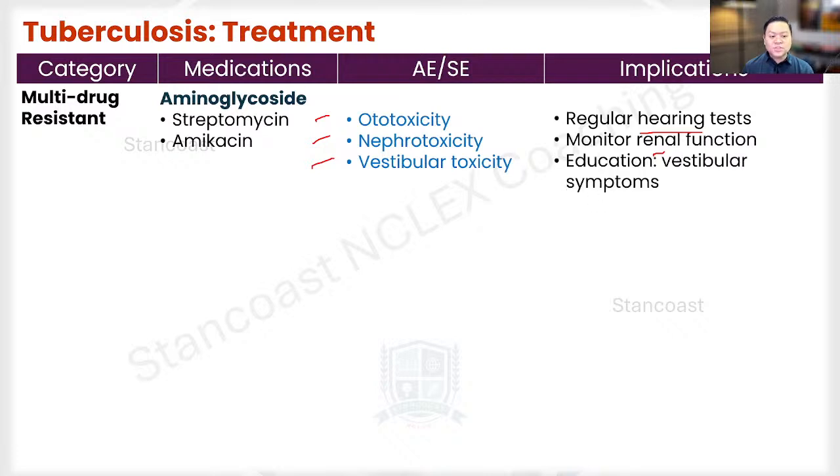And then also we need to educate the patient about what they can potentially experience, so they will know what to report, when to report, in order that we can notify the medical provider. It would probably call for a discontinuation of the medication if they end up with these toxic side effects. All right. So that would be your responsibility as an RN.